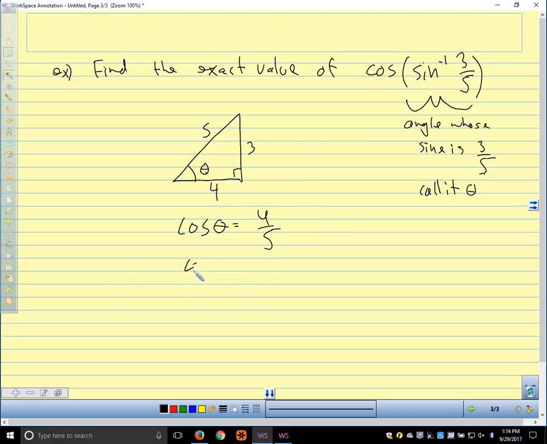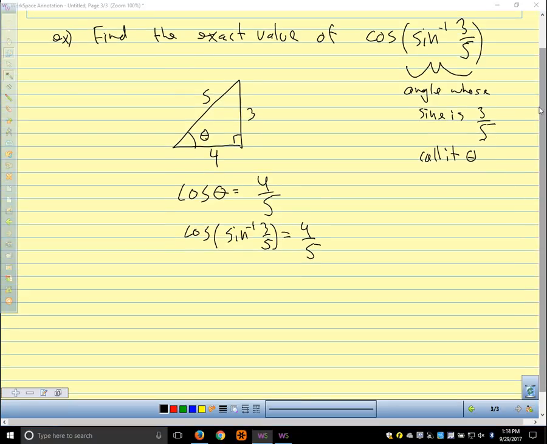So the cosine of the inverse sine of 3/5 is 4/5. Isn't that nice? As you move forward, this thing with the sides of the triangle is going to be more how you will use this kind of information in the future.